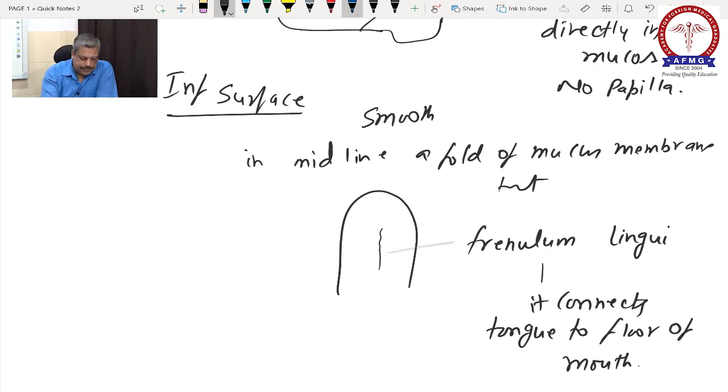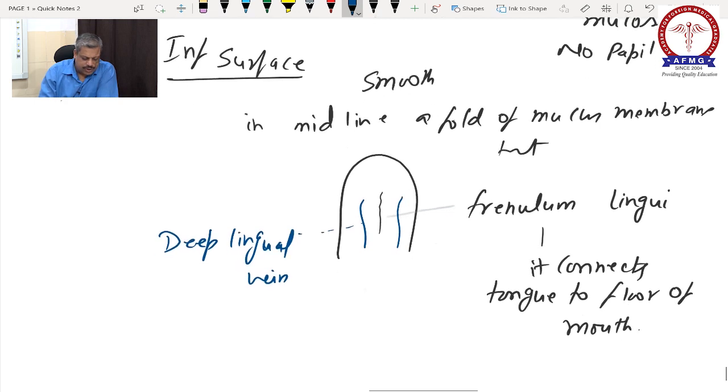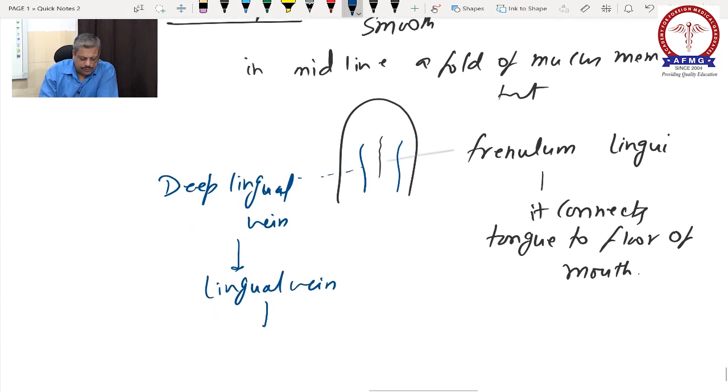Now on each side of this frenulum linguae, a vein is running. We can easily see this vein. This vein is known as the deep lingual vein. This deep lingual vein is the tributary of the lingual vein. The lingual vein is the tributary of the common facial vein.